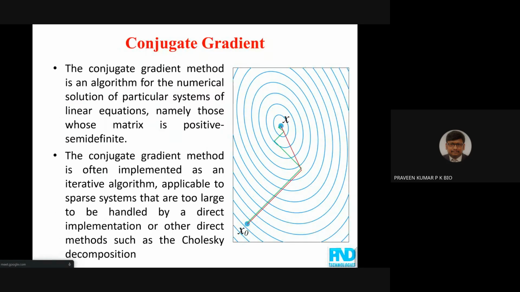The next is conjugate gradient. This is the second method of energy minimization. Here, this is an algorithm for the numerical solution of particular systems of linear equations, namely those whose matrix is semi-definite.